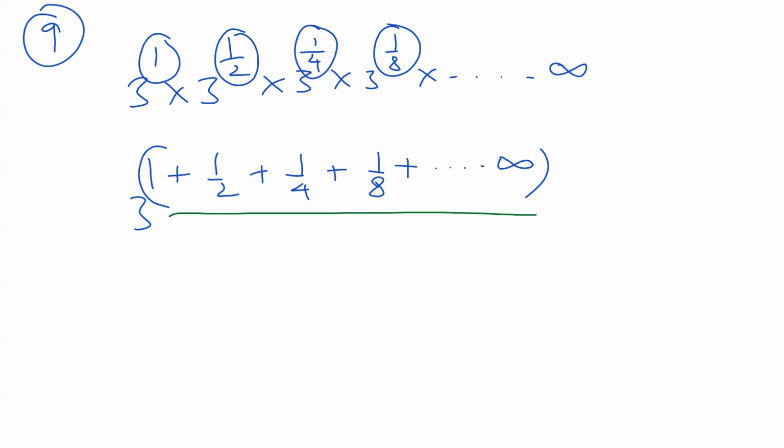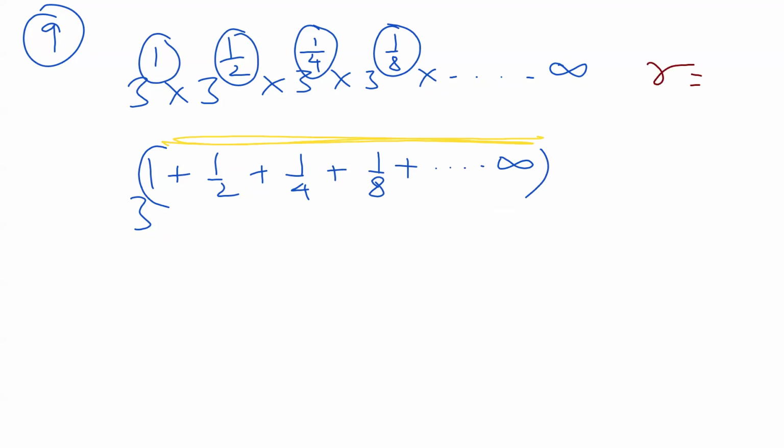Now, if you take a look at this round bracket, is R constant? T2 divided by T1, T3 divided by T2. Is it constant? You should always check.